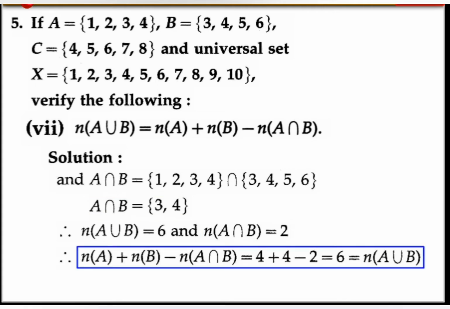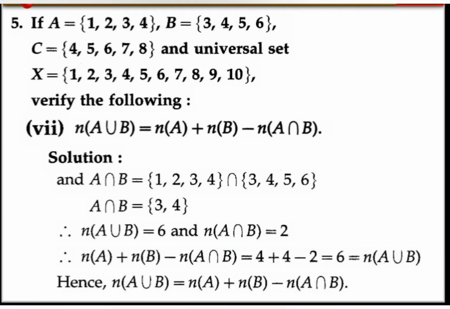Therefore, number of elements in A plus number of elements in B minus number of elements in A intersection B would be equal to 4 plus 4 minus 2, that is 6. If you notice, it is equal to number of elements in A union B. Hence, number of elements in A union B is equal to number of elements in A plus number of elements in B minus number of elements in A intersection B.